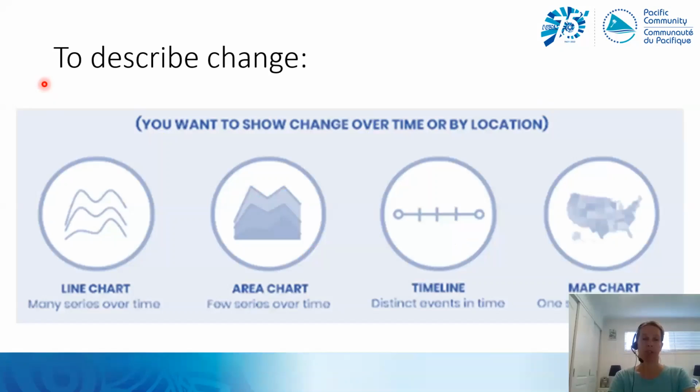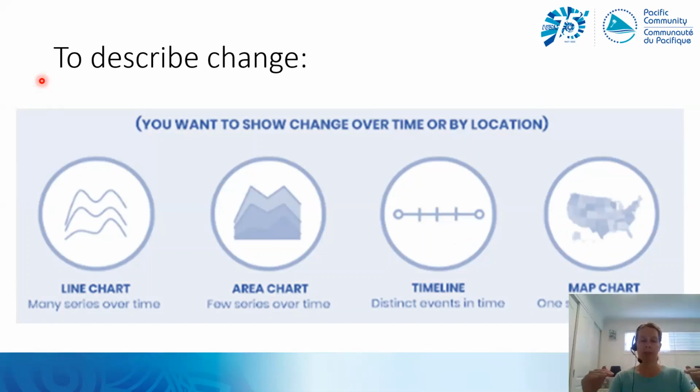If we want to describe change, and predominantly change over time is one of the key things you would be interested in, but also change by location, we have mapping options, but typically a line chart is the preferred method to show change over time.